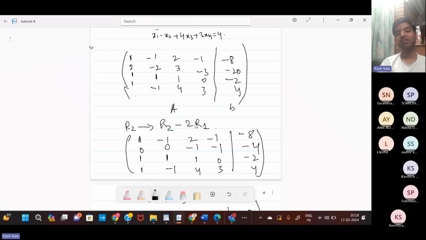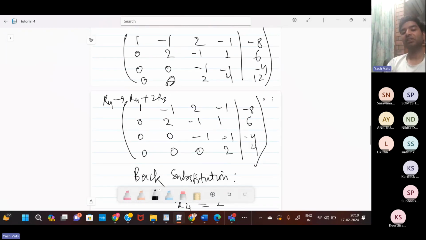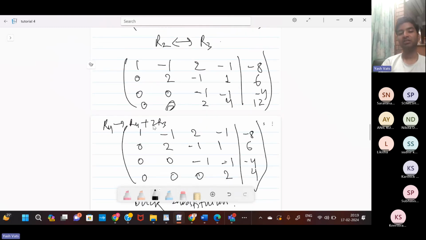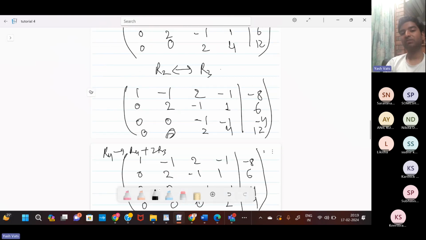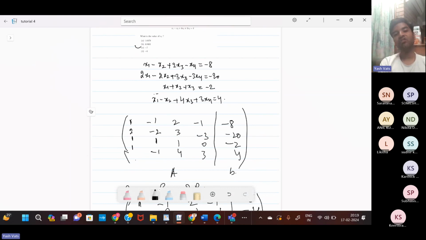Here you have done it one time: R2 minus 2R1, so you have multiplied by 2. Here also, 2 times. But in the general Gauss elimination method, it may not happen, so you have to count that.